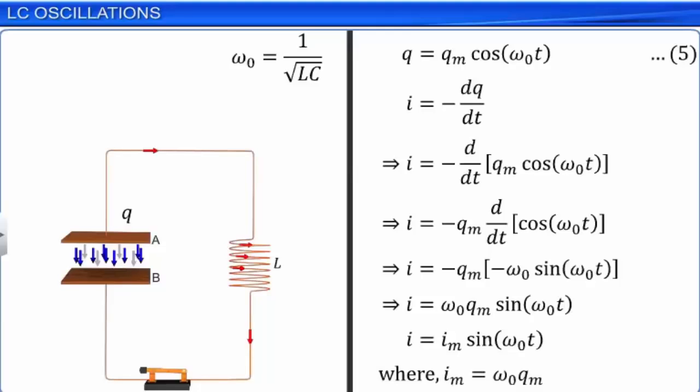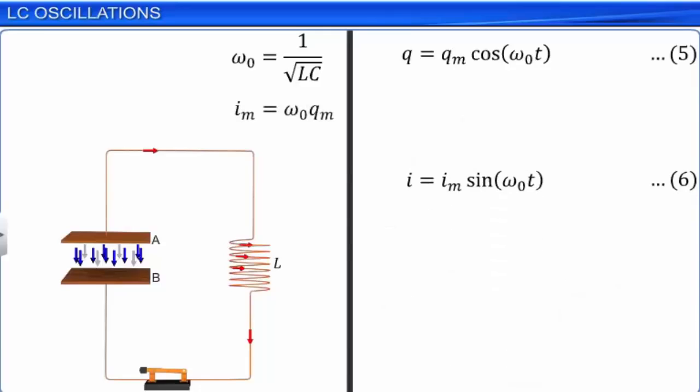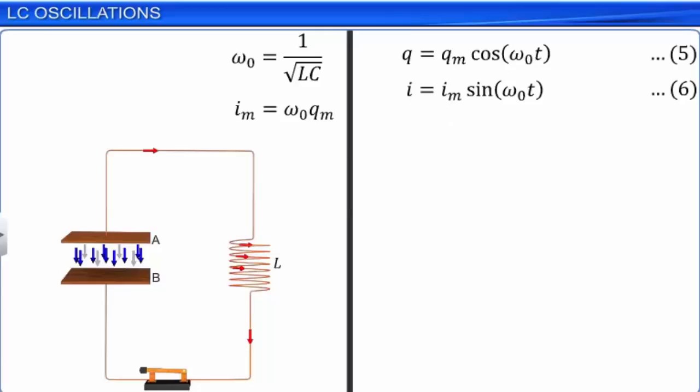At any instance, the energy stored in the capacitor U is equal to Q square by 2C, and the energy stored in the inductor U dash is equal to half L i square. From our previous analysis, we know that at any given time t, the charge Q is equal to Qm cos omega naught t.